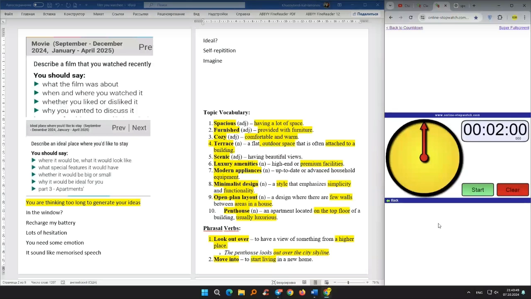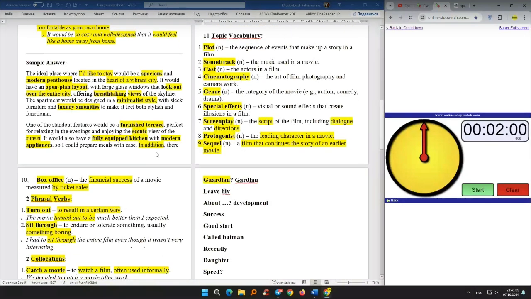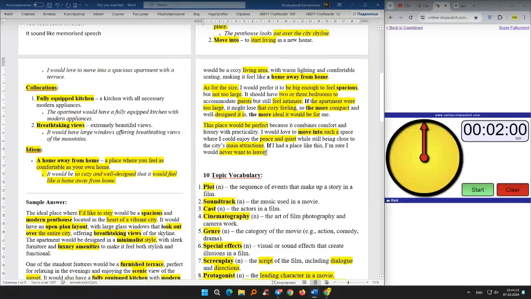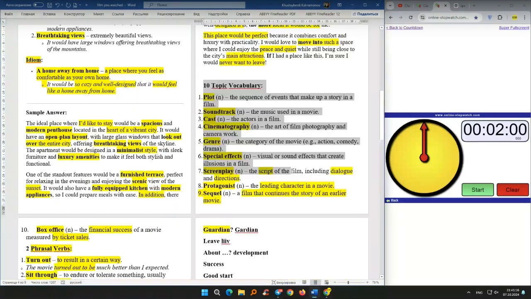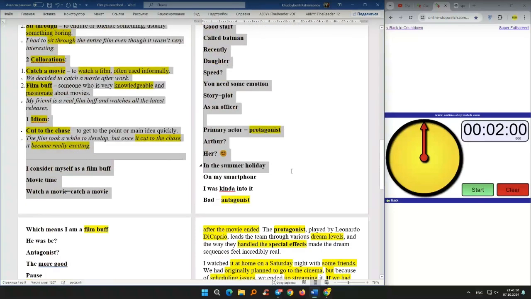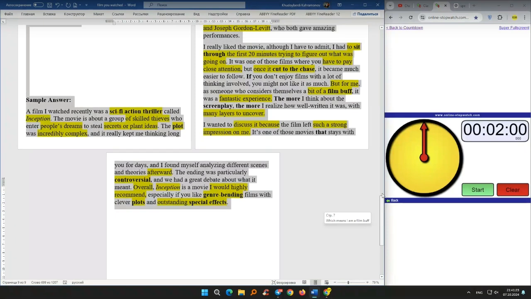And of course, as usual, I gave my feedback to you with topic vocabularies and sample answers. And my advice for you guys: try to learn all of them, because by learning topic-related vocabularies, you can learn a lot. You can learn how to speak about a topic, right?